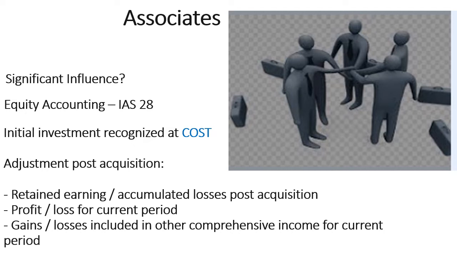This will be the retained earnings or accumulated loss post-acquisition, however excluding the current financial year. And secondly, you'll also make adjustments for profit and loss for the current period, and also the gains and losses that are included in other comprehensive income for the current year. Those are the three main adjustments that you'll need to keep in mind after acquisition date.